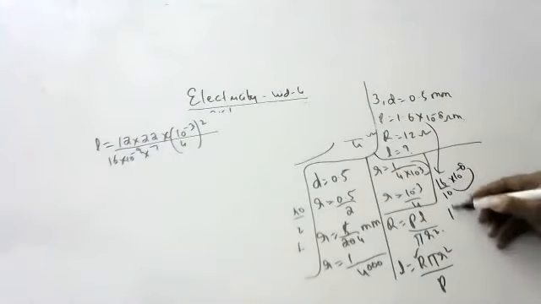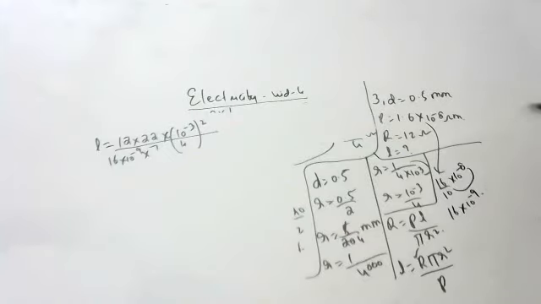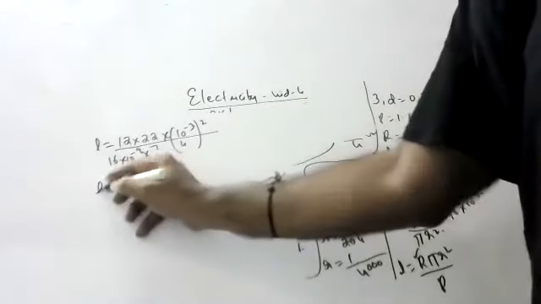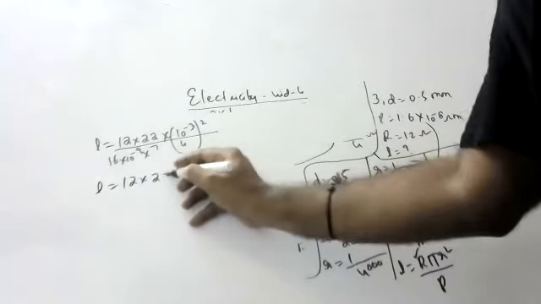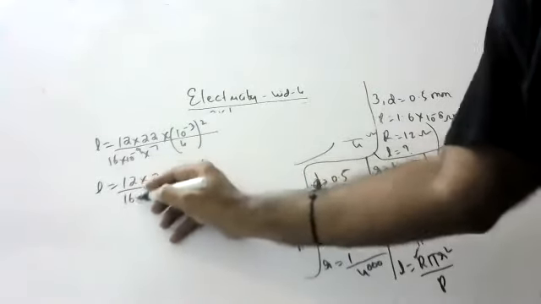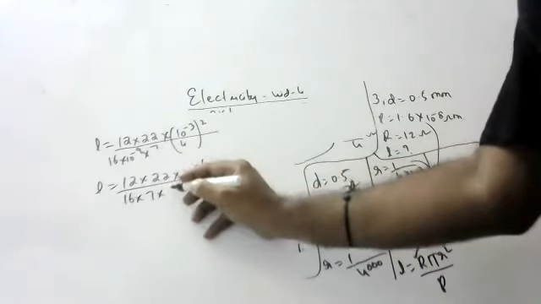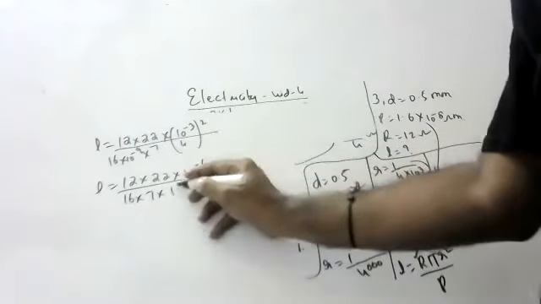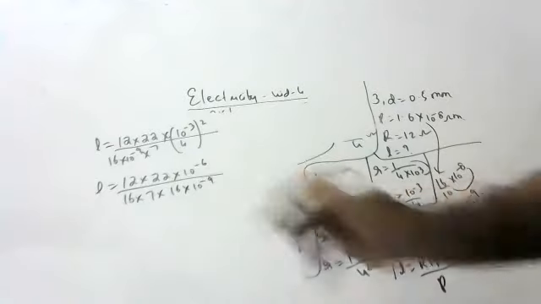This 10 goes up: 16 into 10 to the power of minus 9. Now we have to simplify. L is equal to 12 into 22 into 10 to the power of minus 6 by 16 into 7 into 16 into 10 to the power of minus 9, like this.